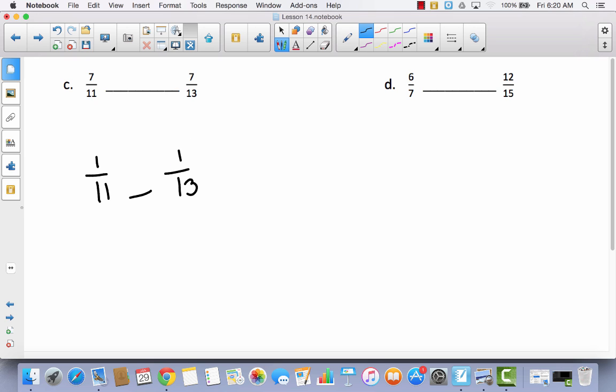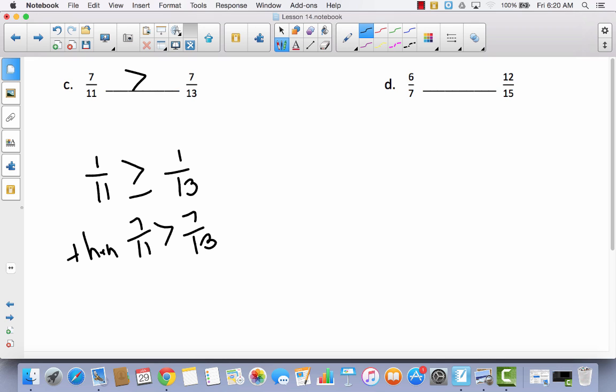Well, the 11th would be greater because the more parts you divide it into, the smaller the parts. So if 1/11 is greater than 1/13, then 7/11 has to be greater than 7/13 because your numerators are the same. So this would be greater than.